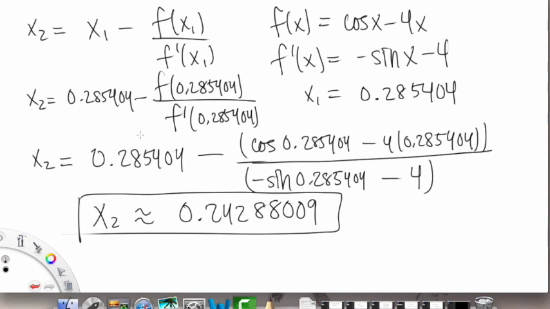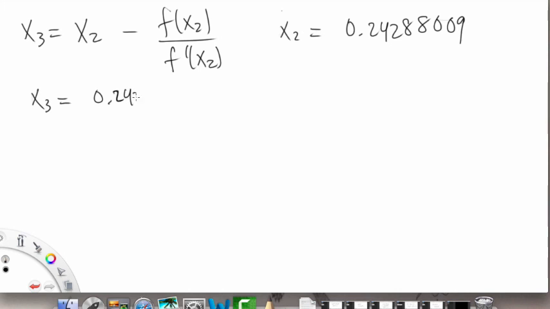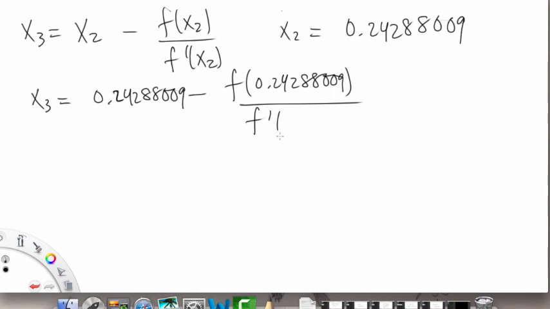Now we have one last step: computing x sub 3. x sub 3 is x sub 2 minus f of x sub 2 over f prime of x sub 2. Again, x sub 2 is equal to 0.242880009. So x sub 3 is 0.242880009 minus f of this number, all over f prime of that number.